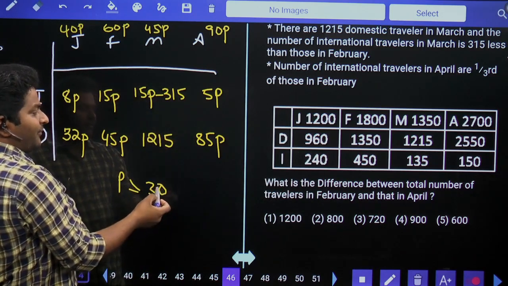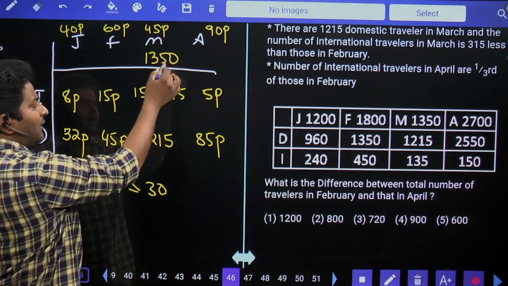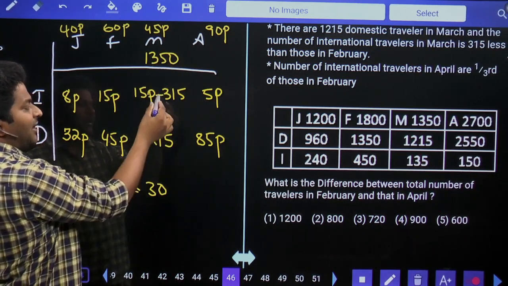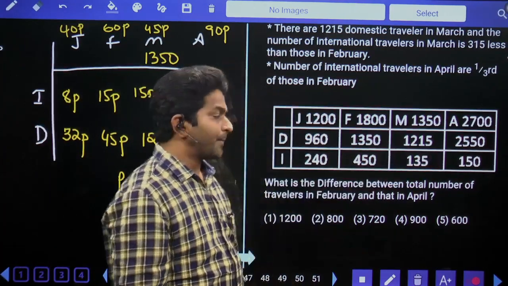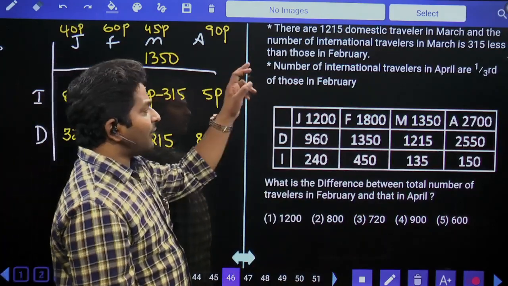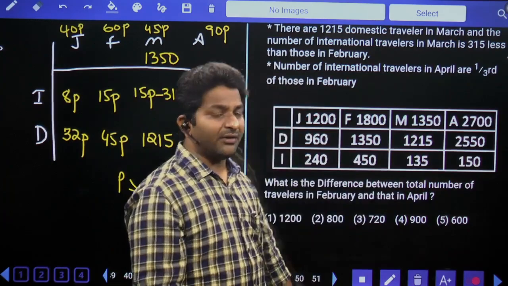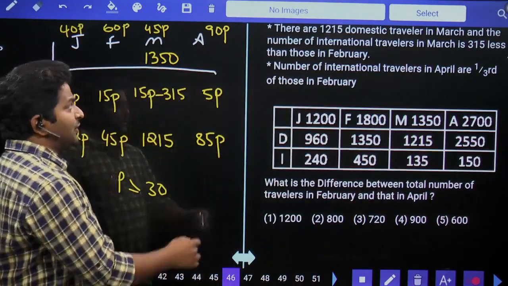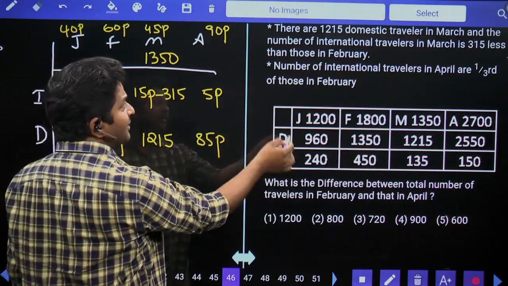Already we have 45 parts is equal to 1350. Out of 1350, if 1215 are here, the remaining 135 should be there. And then 5 parts, that is 150. Out of 2700, if 150 are international, the remaining 2550 are domestic. So after converting every number of parts to numbers, it looks like this.